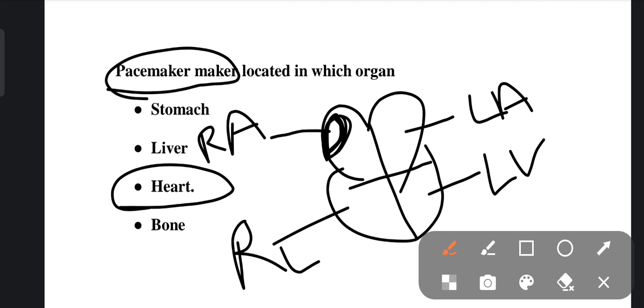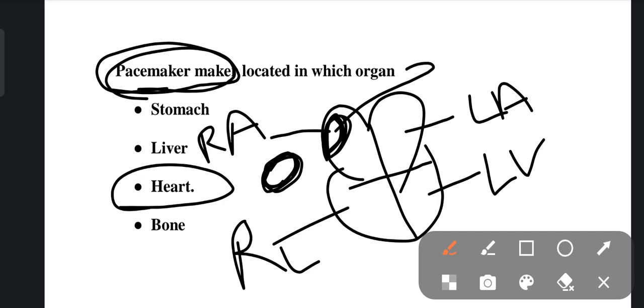The sinus is nothing but an oval shaped area, some kind of deep structure, which is present over here. And here we can see the pacemaker. So what is the function of the pacemaker? It generates the cardiac impulses, and it transfers them to the AV node, bundle of His and Purkinje fibers.